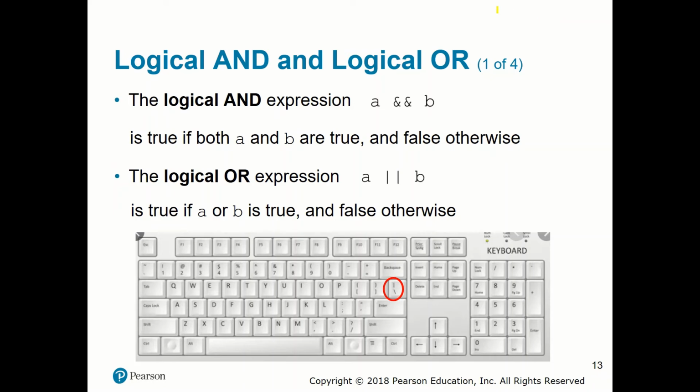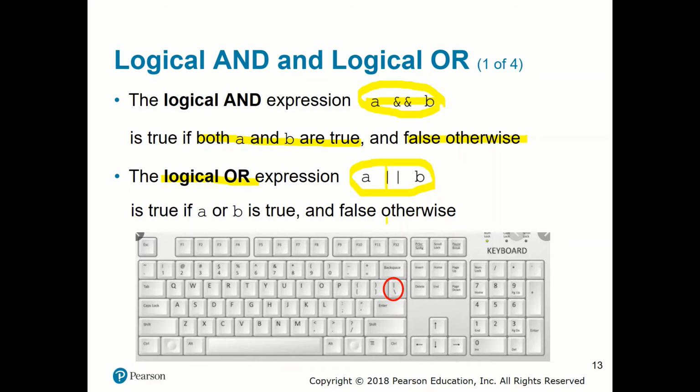The logical AND expression is like this. It is true if both A and B are true, and false otherwise. So to make this expression true, A and B must both be true. The logical OR expression is this.